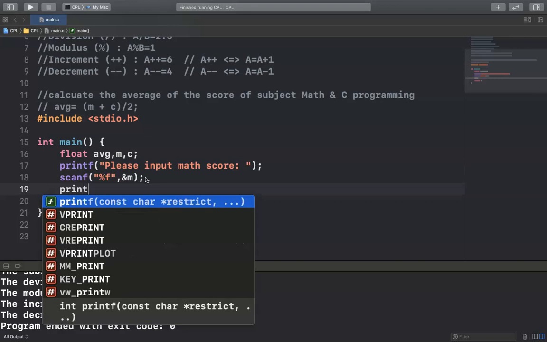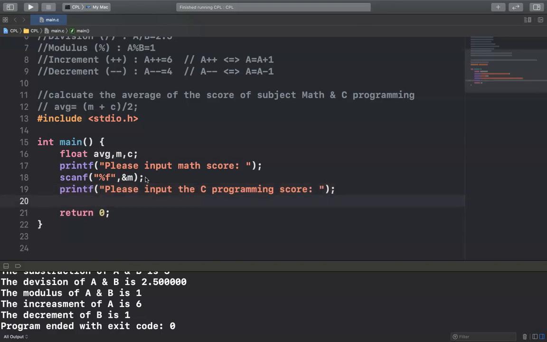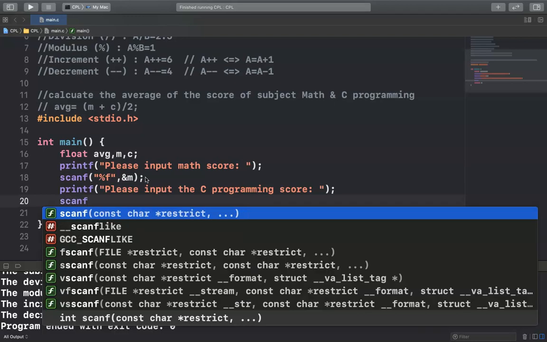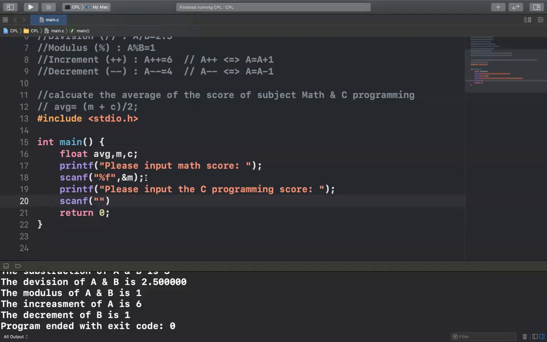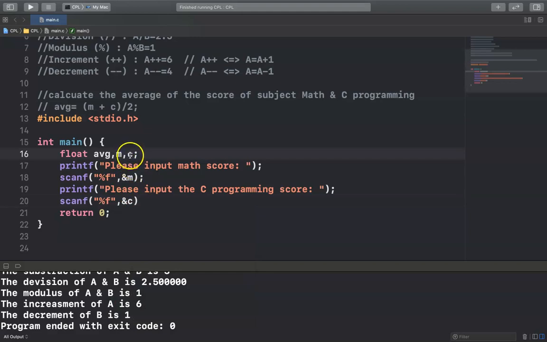And here you print the message, please input the C programming score. And then you scanf, percentage F, and C, because C represent the score of C programming.